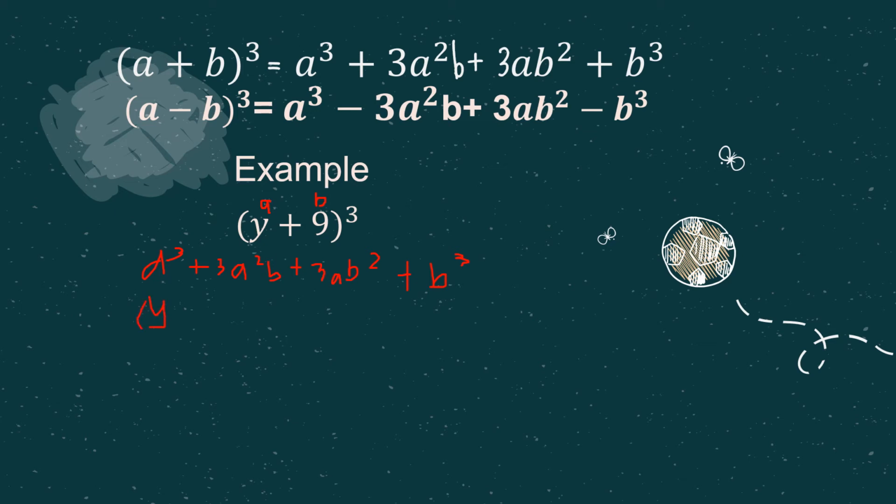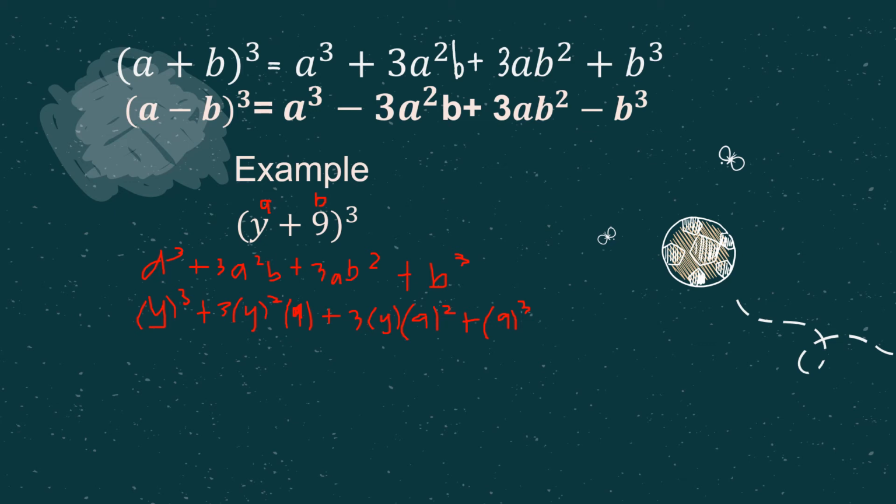So y cubed plus 3 times your A, which is y, squared, times your B, which is 9, plus 3 times y, because that is your A, times your B squared, which is 9 squared, plus your B cubed, which is 9 cubed. The parentheses are very important, so don't remove them from the parentheses.